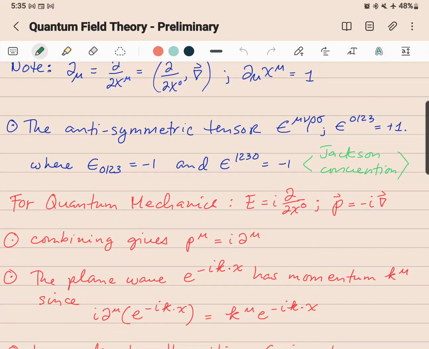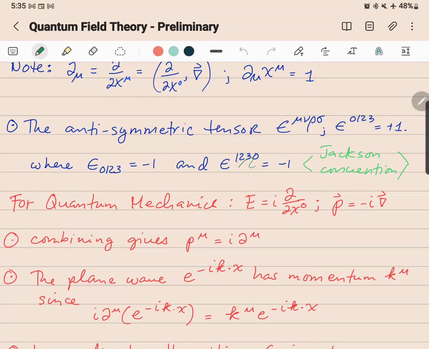Later on we will also encounter this epsilon, mu, nu, rho, sigma. This is just an antisymmetric tensor, and this antisymmetric tensor is when you have 0, 1, 2, 3 as your indices above, this is positive 1, but if it goes down and this cycle goes down, it becomes negative 1.